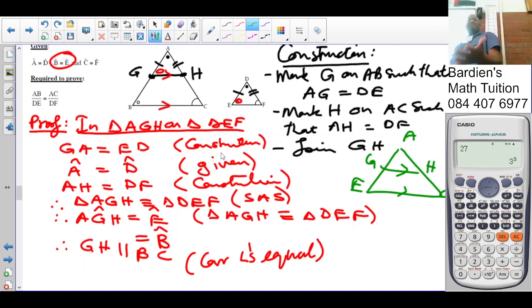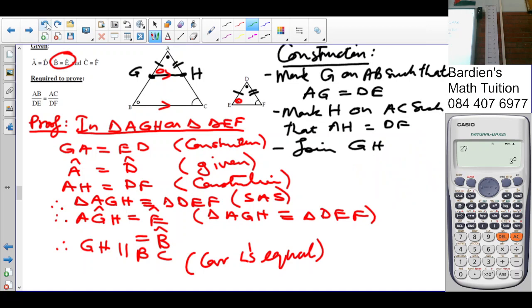People, you wrote on this today, come on. Oh, can't you see? AG over GE is equal to AH over HC. So, coming from that theorem, same story.